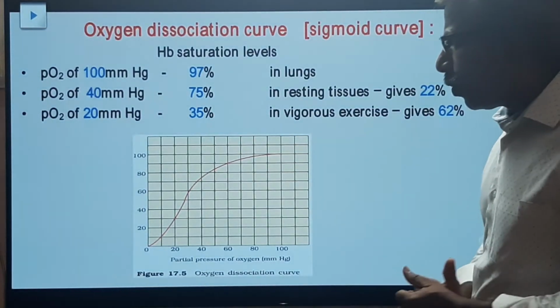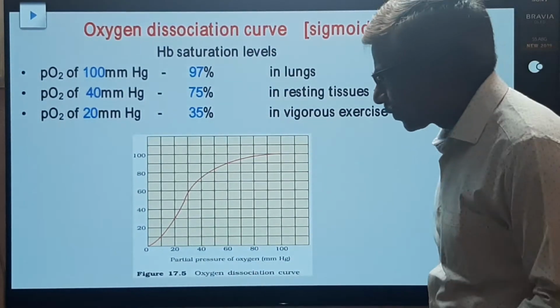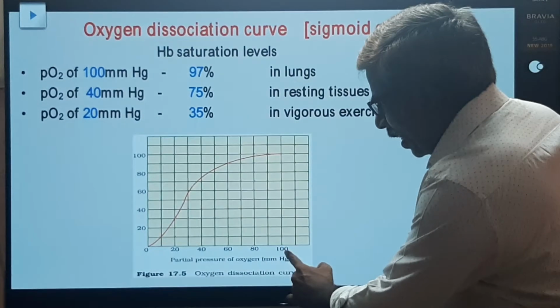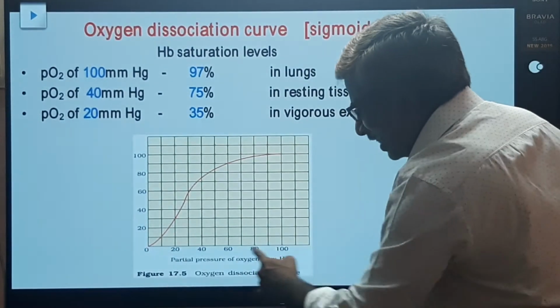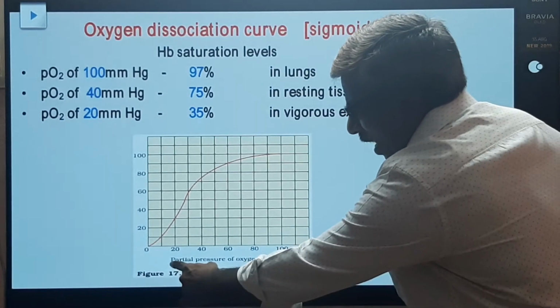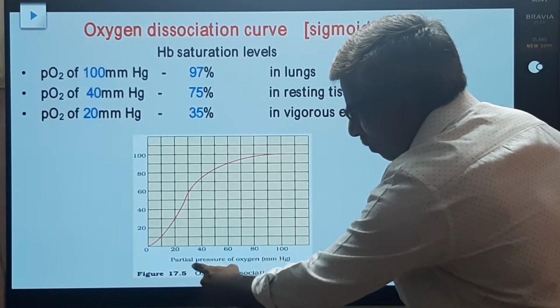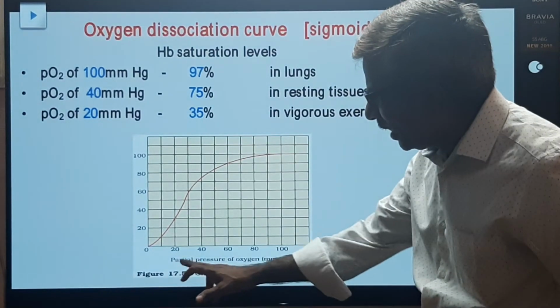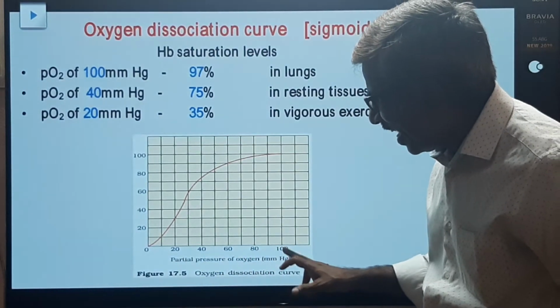Now we discuss about the graph. Here, this is the x-axis. On the x-axis, we are taking the units of partial pressure of oxygen: 20, 40, 60, 80, 100, like that.